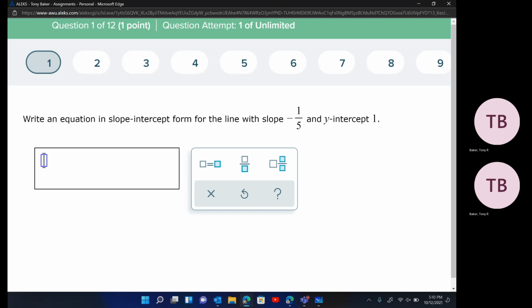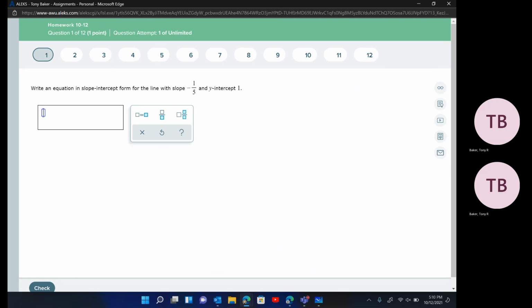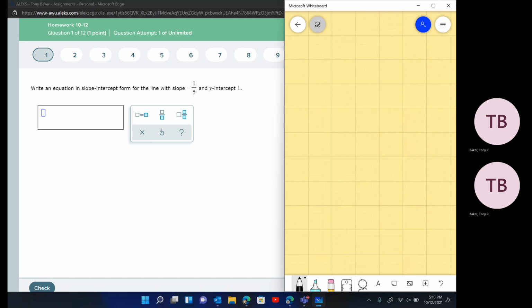So this question right here, they want us to write the slope-intercept form of the line with the slope and the y-intercept. So they're giving me all the information I need. I just have to plug it into the equation. Remember, the equation for slope-intercept is y equals mx plus b.